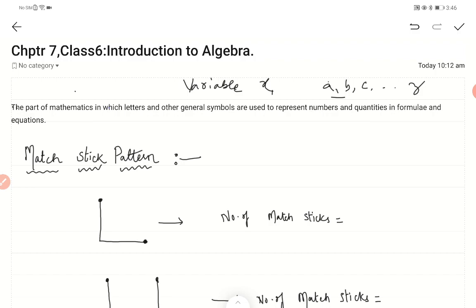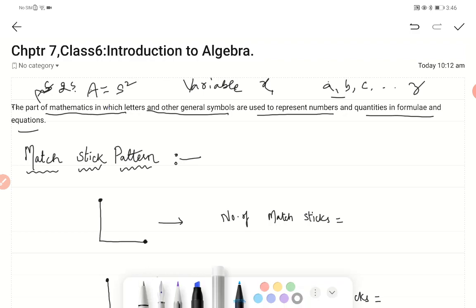Remember, algebra is a part of mathematics in which letters and other general symbols are used to represent numbers and quantities in formulas and equations. For example, if the side of a square is s, the area of the square is s squared, and the perimeter is 4s. All these formulas are part of algebra because you have letters in them.